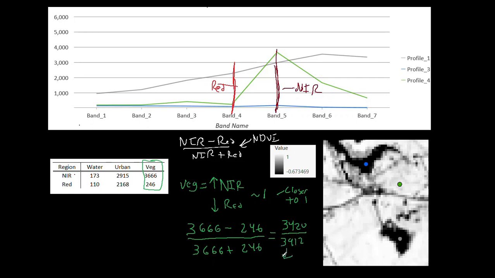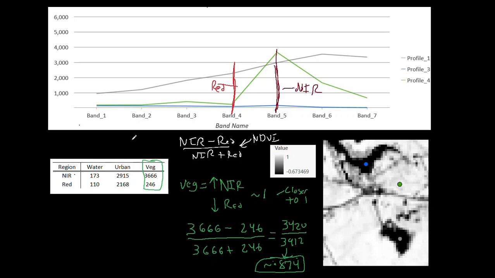Then if you do the division, you end up with approximately 0.874. So we're getting pretty close to what we expected. We expected a higher NDVI value, and 0.874 on a scale of -1 to 1 is actually pretty high.